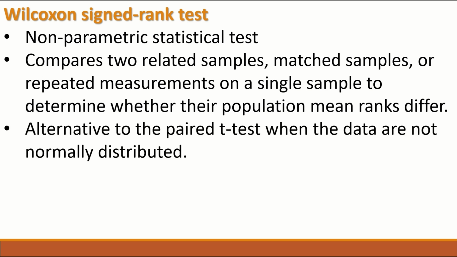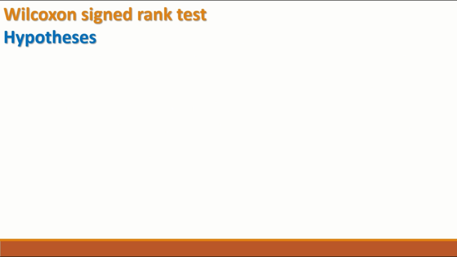So it is an alternative test to the paired t-test, as this Wilcoxon Signed Rank Test is for paired samples. This test is a non-parametric alternative to the paired t-test when the data are not normally distributed and the assumption for the t-test is violated, which is the normality of the data.